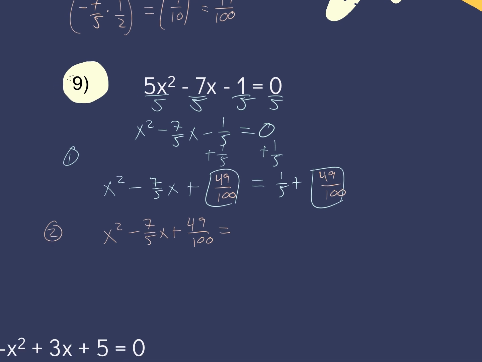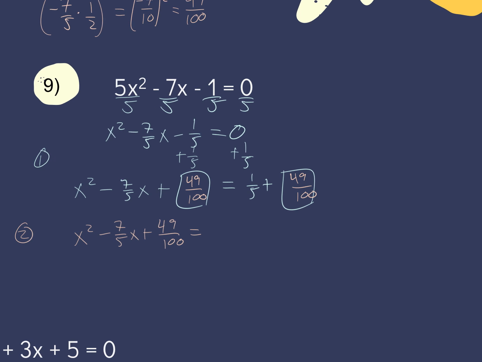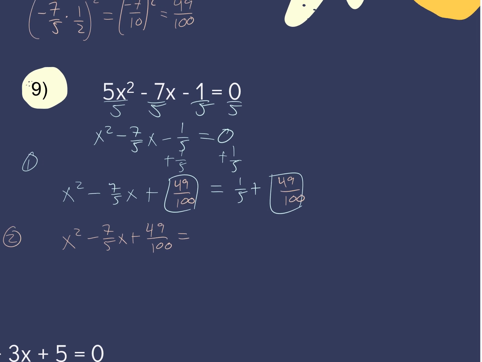It's a little redundant, honestly. So that's up to you. And then on the other side, 5 and 100 have a common multiple of 100. So let's multiply the top and the bottom of this fraction by 20, because we want the same denominator. Then we get 20/100 plus 49/100.